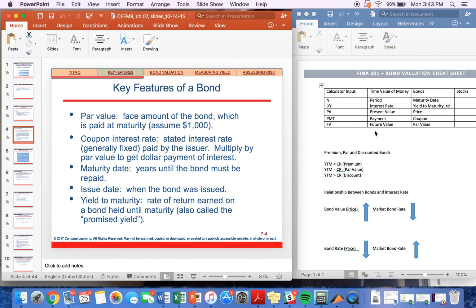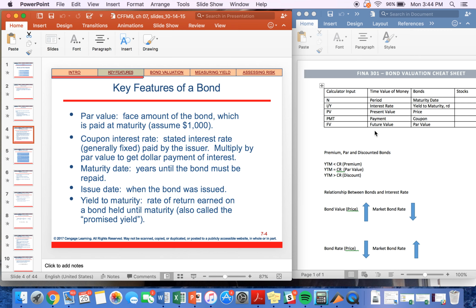As we go through here, we're going to start evaluating the value of bonds, and you're going to notice your present value is not always $1,000. Your present value could be $880, or it could be $1,100. But your future value is your par value, and it will always be $1,000 unless otherwise stated. Then we have another term called the coupon interest rate, and that's your stated interest rate.